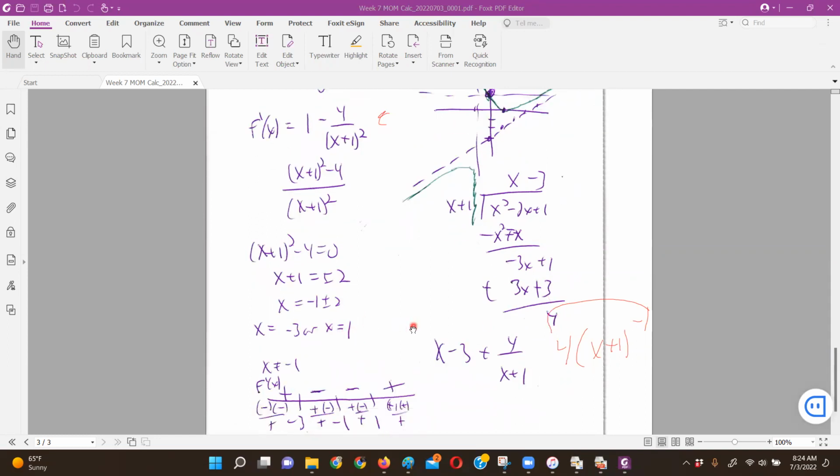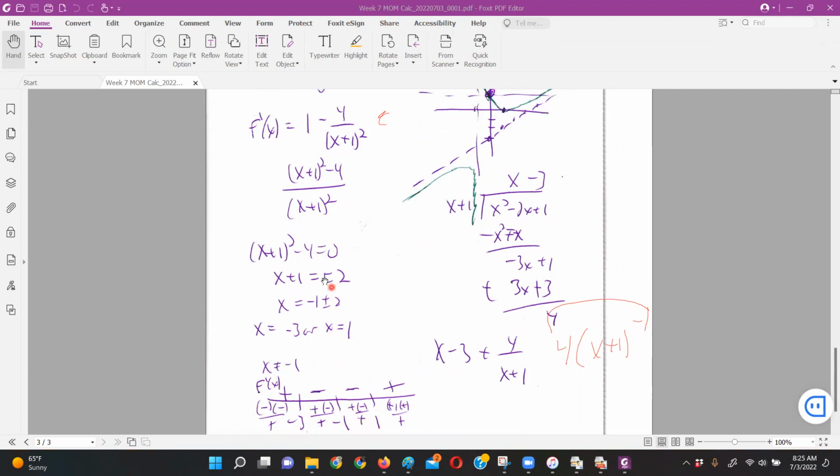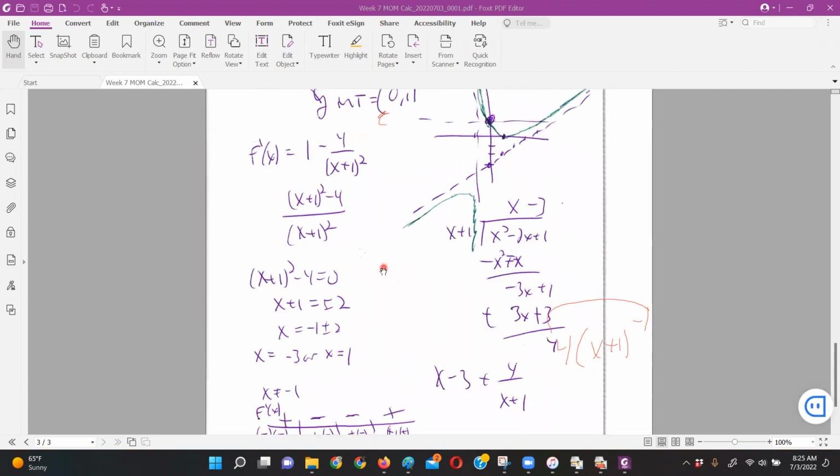And then of course there's a critical value, right? x can't equal -1 because of the vertical asymptote, so that makes it a critical value also. So on my number line, this is f prime of x, what I'm doing. I marked in the -3, the -1, and the +1. But then I had to think about, now I got to go back and figure out when this is positive and negative.